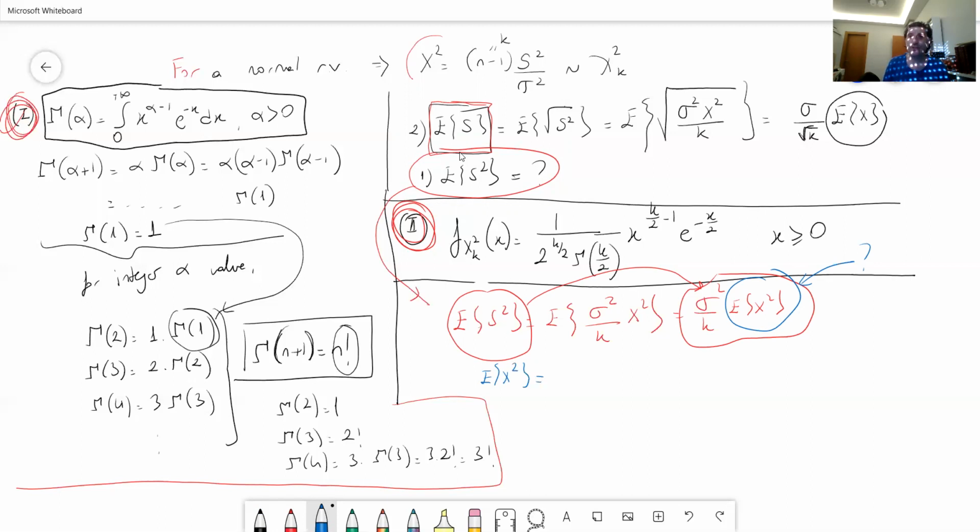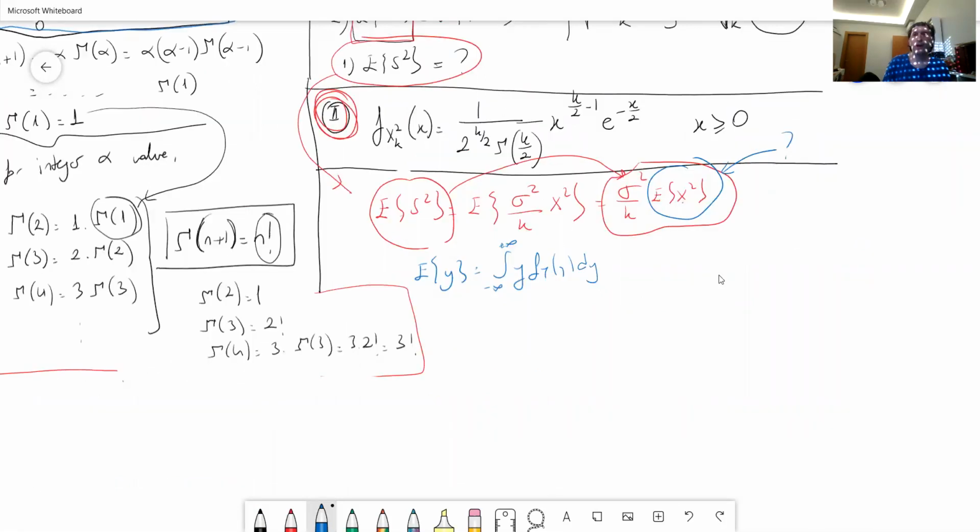Now, since chi-square random variable is distributed in this manner, let's remember the definition of expected value. Expected value of, let's say, y is going to be equal to the integral of y times f of y, integrated over the domain or support of y. It's going to be from minus infinity to plus infinity. So the general definition of expected value. Now we are going to apply the same expectation formulation here on chi-square. Expectation of chi-square here is going to be equal to, one may tend to think at first sight that we are going to write x square here.